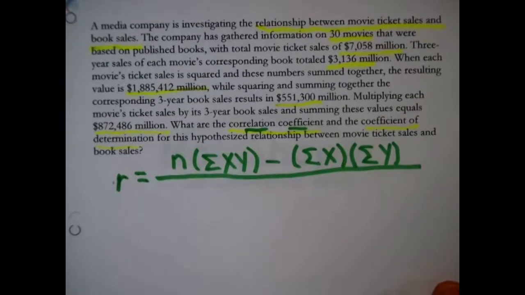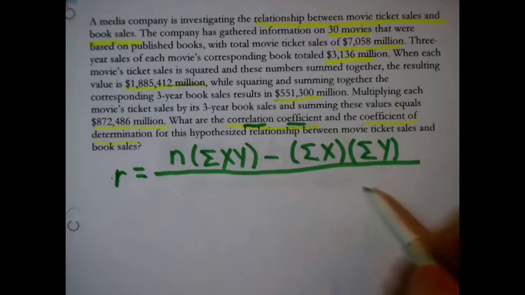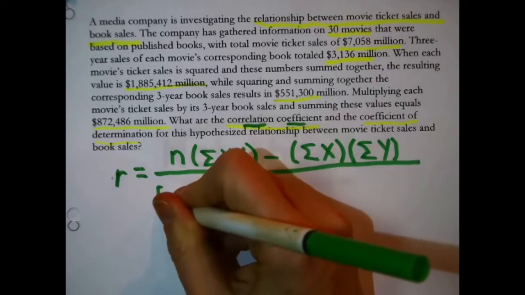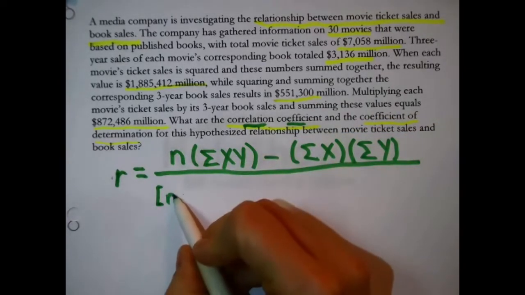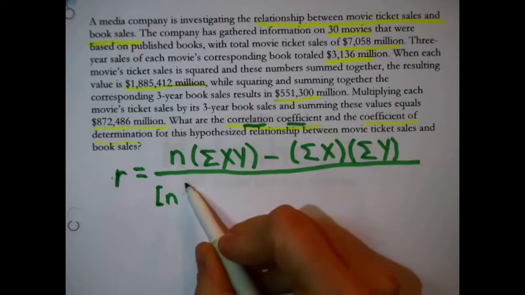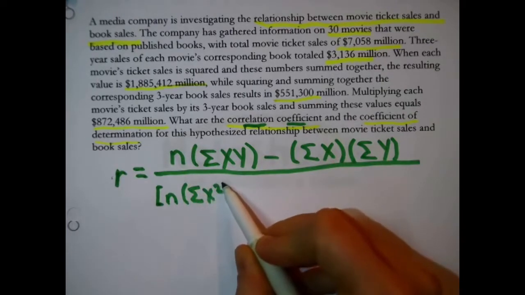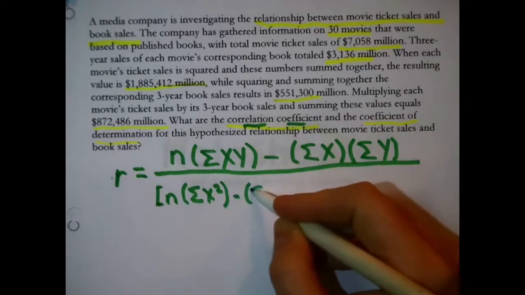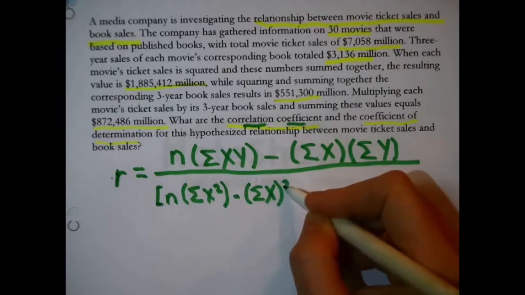In the denominator, even more complicated, essentially has two parts. So let's put some square brackets here for the first part. n again times the sum of x squared. You square each of the x's and then you add that all up, minus the sum of x. You add up the x's first, then you square them.